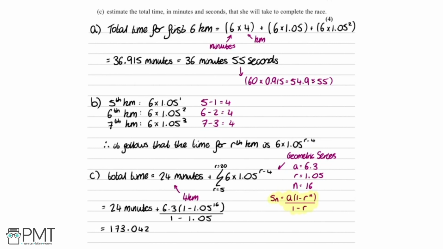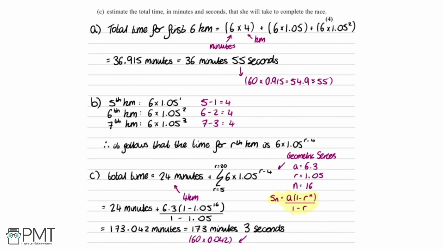That's 173.042 to 3 decimal places, just worked out by putting that in the calculator. So that's minutes. And that equals 173 minutes and 3 seconds. And just like earlier, we worked that out by doing 60 multiplied by 0.042 and then rounding to the nearest second.